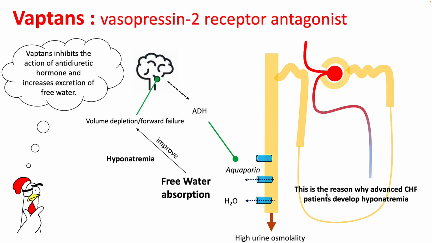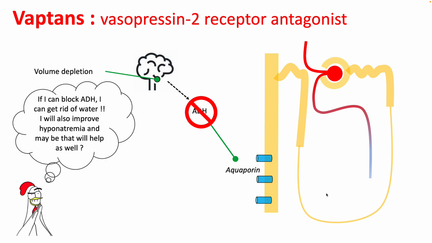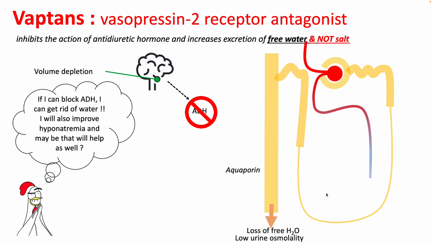Vaptans inhibit the action of antidiuretic hormone and can increase excretion of free water. So if you can block the ADH, you can certainly get rid of free water, and this may improve hyponatremia as well. One of the things that you have to remember is vaptans increase the excretion of free water, but not the salt.